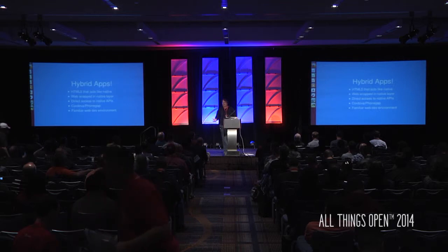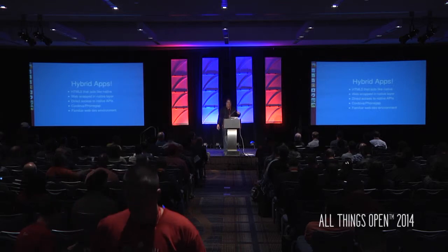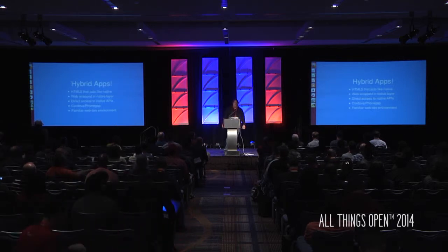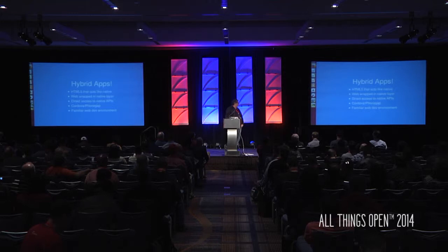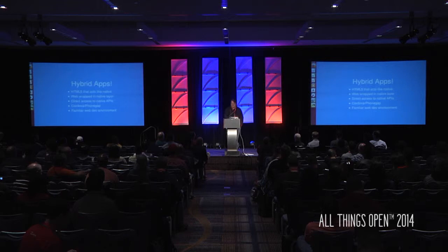So if you want to capture the camera or the geolocation or motion sensors, all of that can be handled through Cordova that's piped up to your application. And it's a very familiar web environment. Oftentimes you can pull your static websites and they'll just run in this platform.